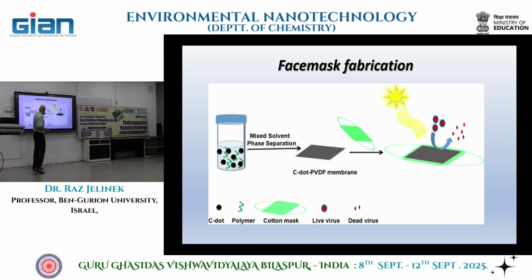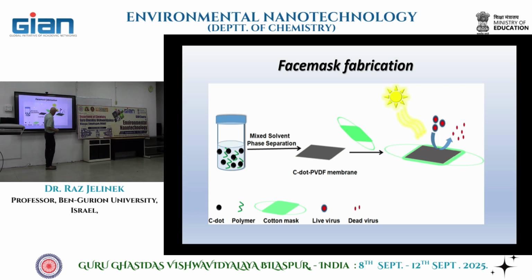So we have this thin film of polymer with the carbon dots. And now we put this on a simple cotton face mask, same cotton that we use, and then we can walk outside.